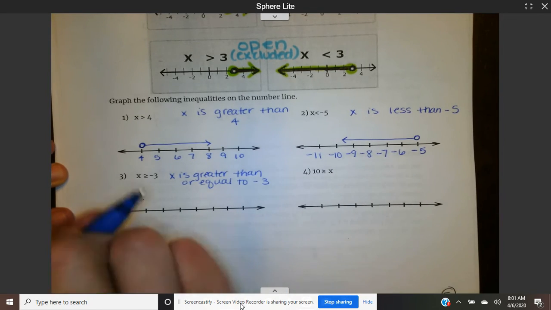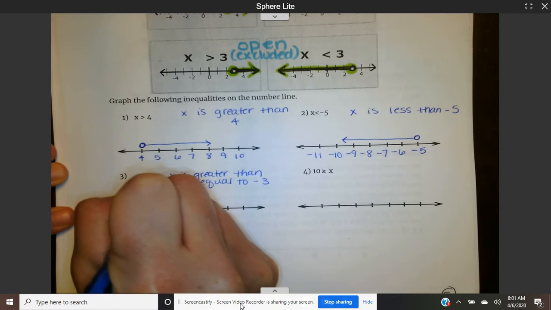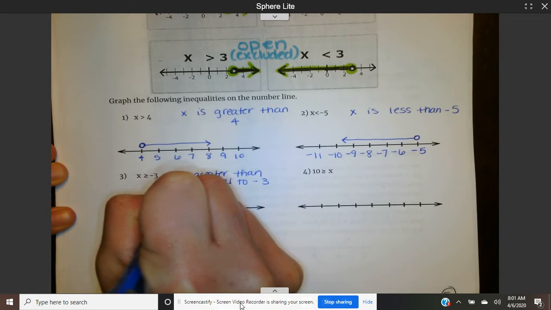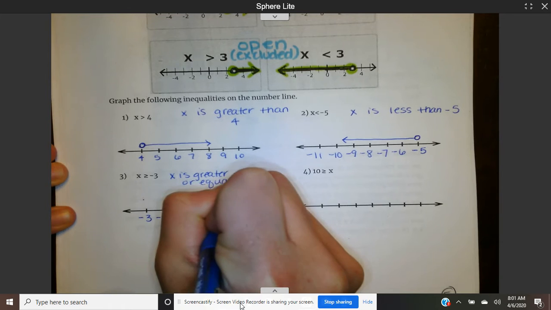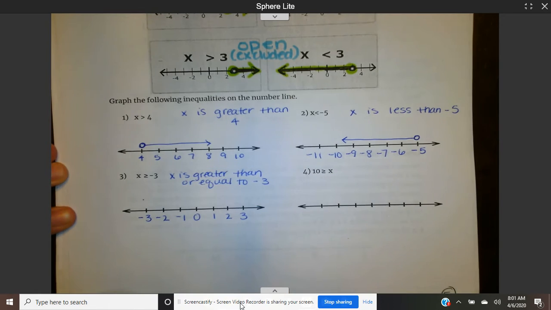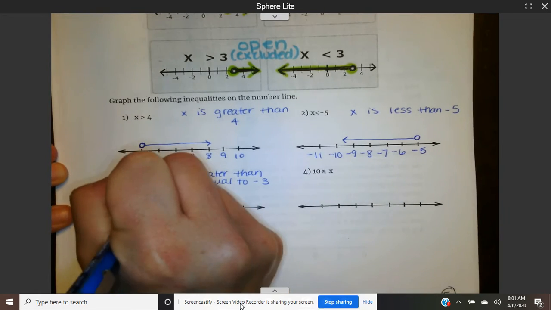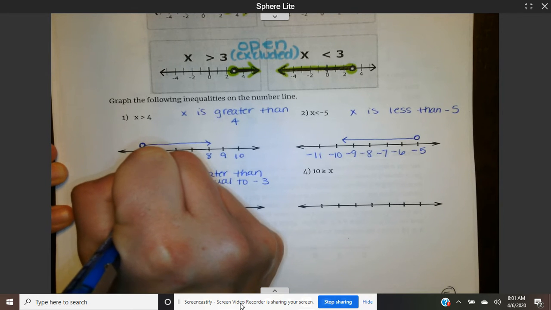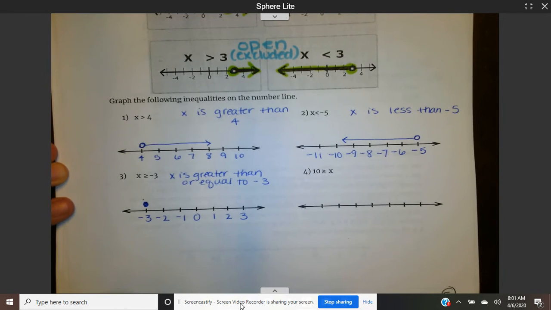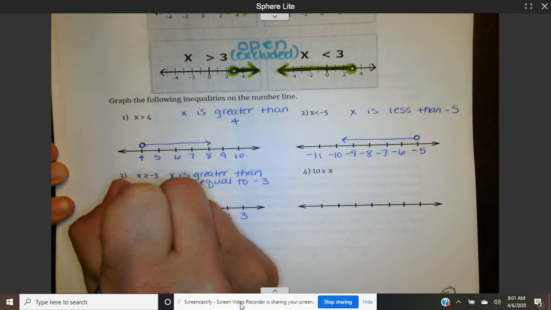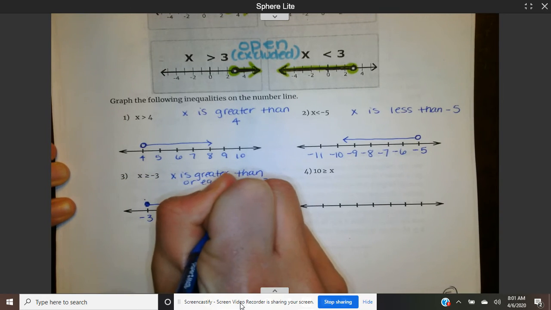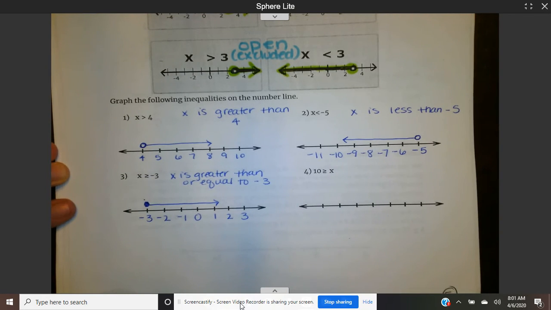Since it's going to go that way, I'm going to start with -3, and remember, if you go this way, you're counting up. Now this one is going to be above -3, but it's going to be filled in because it's included, because it's greater than or equal to. Then draw your arrow to the right.